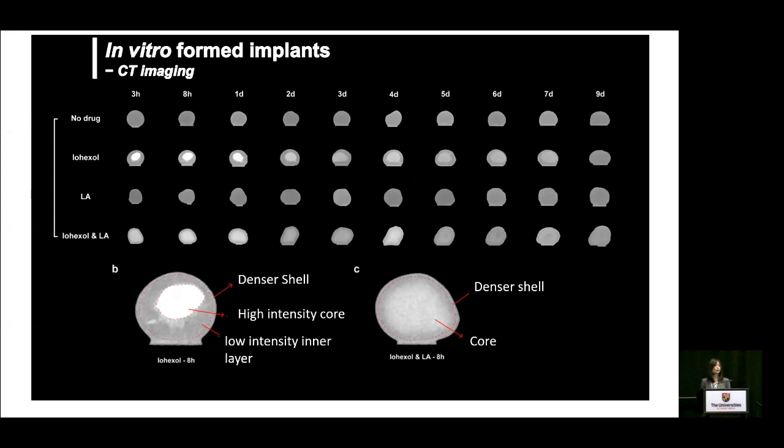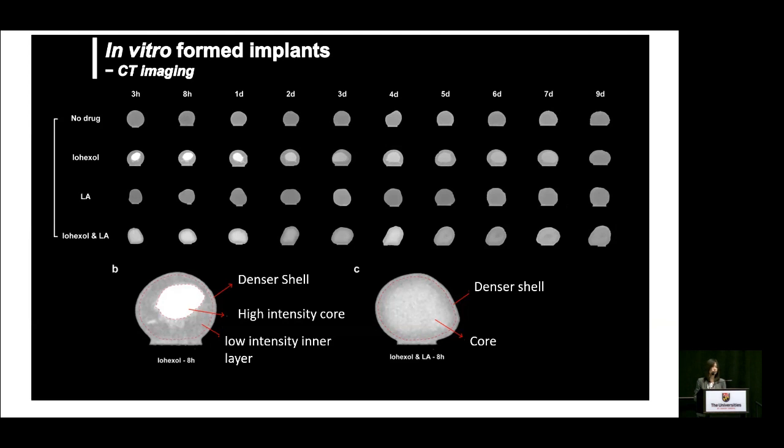For the situation with lupulin acetate, that is giving you a very typical slow phase inversion process. That is slowed down and allows first the formation of a shell layer, and then you get very well distributed polymer together with lupulin acetate and iHexol, evenly distributed largely in the implant.